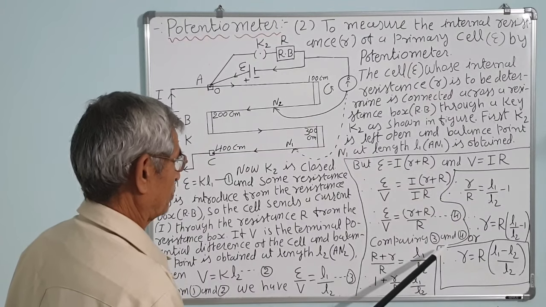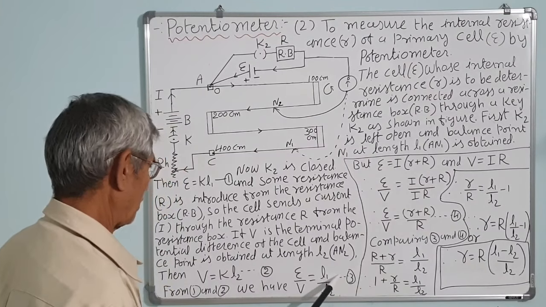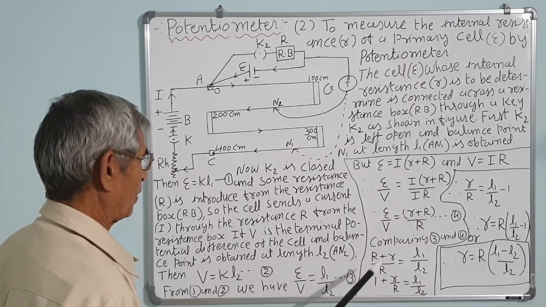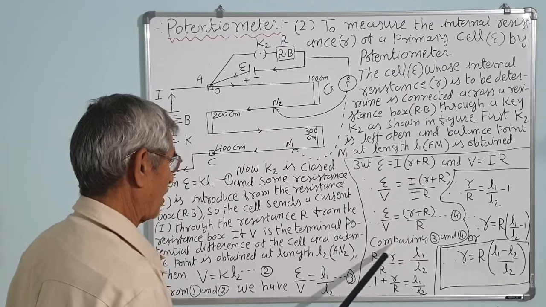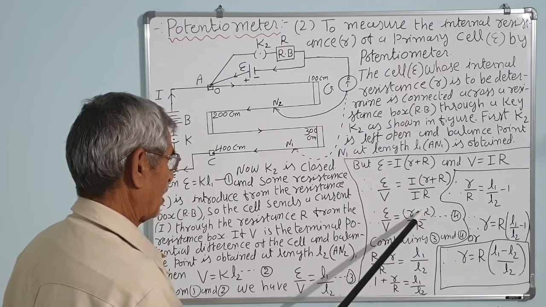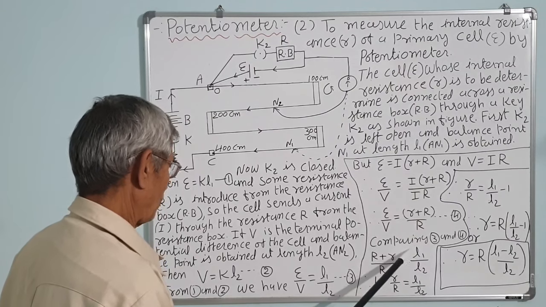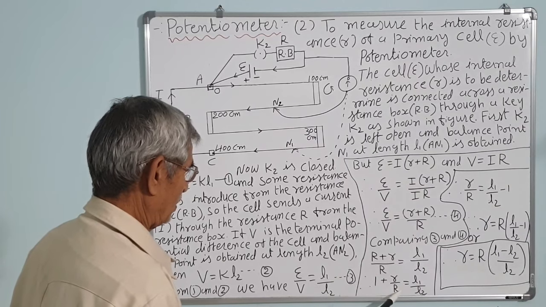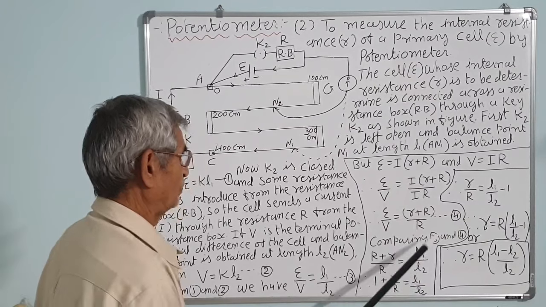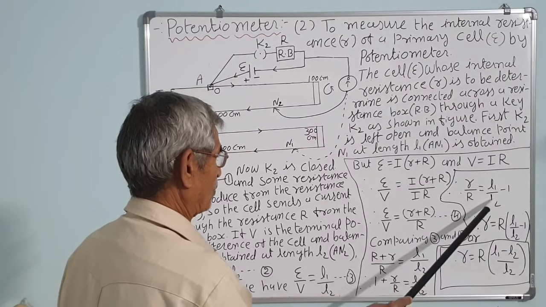Compare 3 and 4. E upon V is equal to L1 upon L2 and E upon V is equal to R plus small r upon capital R, that is (R plus r) upon R is equal to L1 upon L2. Therefore 1 plus r upon R is equal to L1 upon L2. Therefore r upon R is equal to L1 upon L2 minus 1.